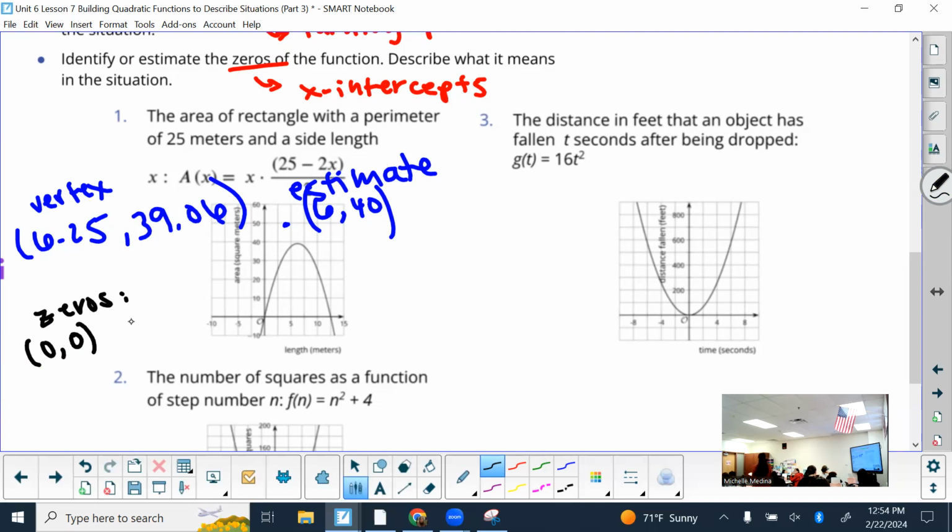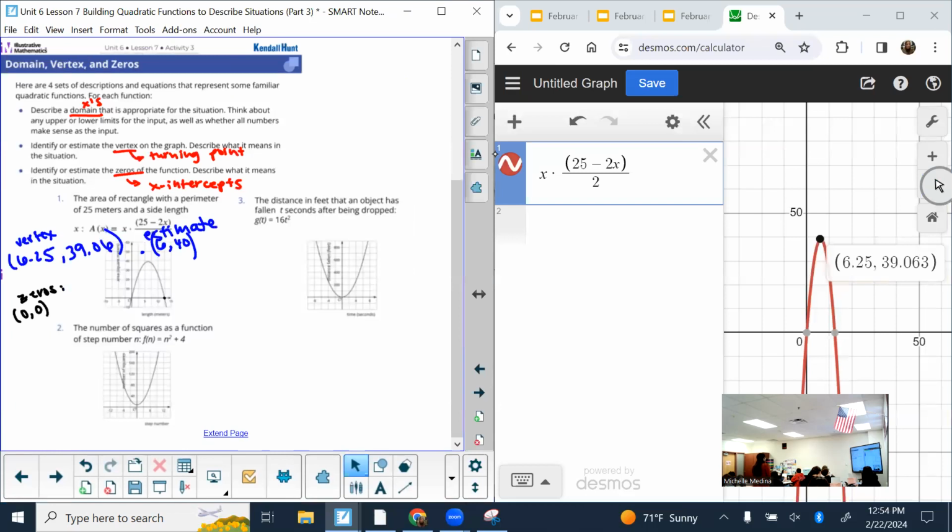Is there only one x-intercept? So then where does this one look like it's at approximately? What's in the middle of 10 and 15? 12.5. Because you know, it's like a span of 5 numbers, so right in the half, 2.5. But yeah, so my zeros are 0 and 12.5. If we write them as coordinates, they look like this. Their x-intercepts are when the y is 0.